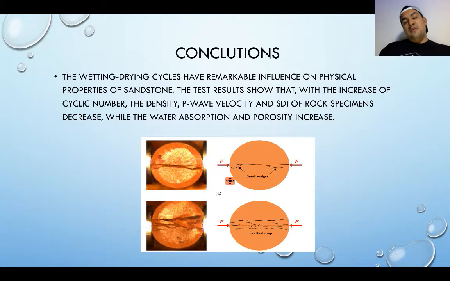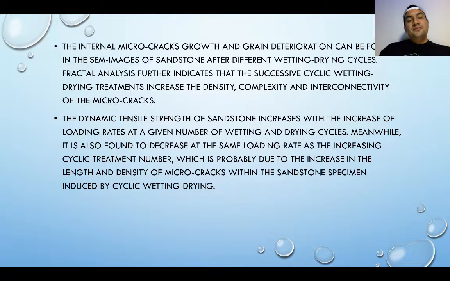The conclusions of the experiments were that the wetting and drying cycles have a remarkable influence on the physical properties of sandstone. The test results show that with the increase of cycle number, the density, P-wave velocity, and SDI of the rock specimen decrease, while the water absorption and porosity increase.